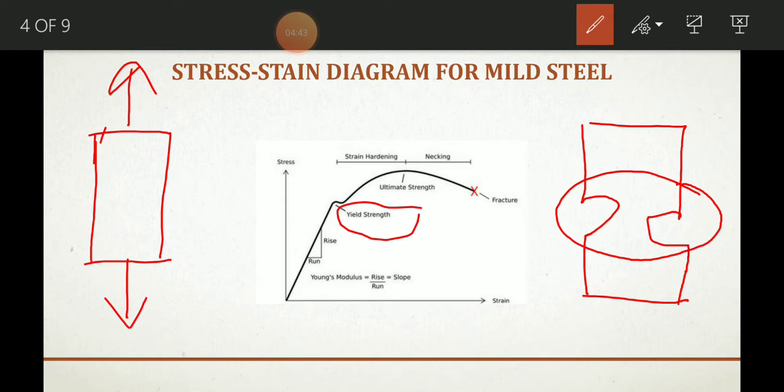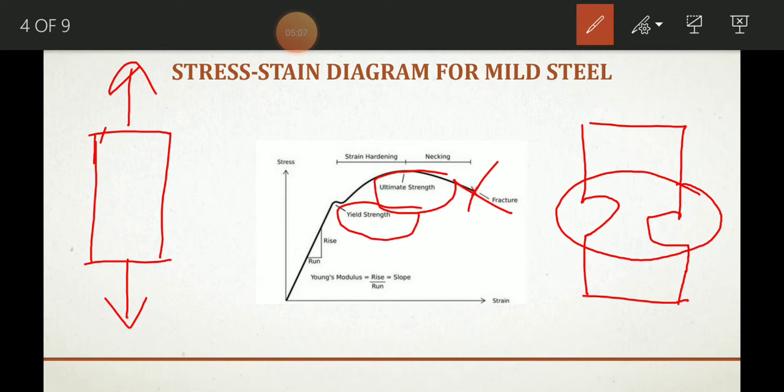Next comes the ultimate strength. Ultimate strength is the maximum stress that the material can handle. If you apply force on the material beyond the ultimate limit, then the material is going to fracture. It will no longer be able to take that load.